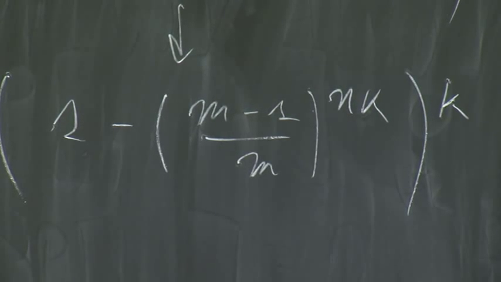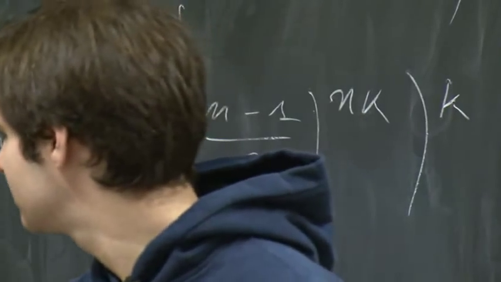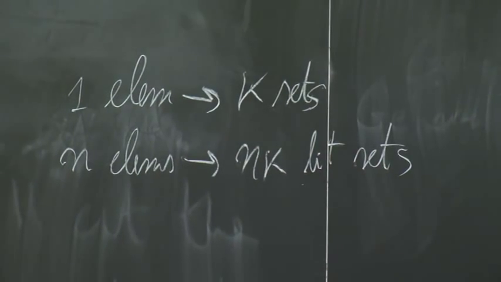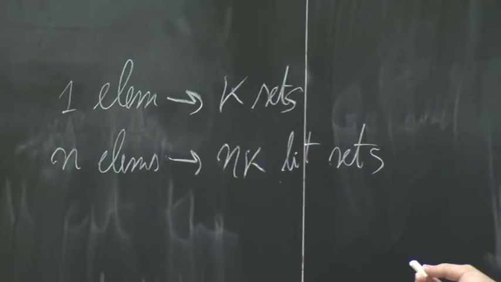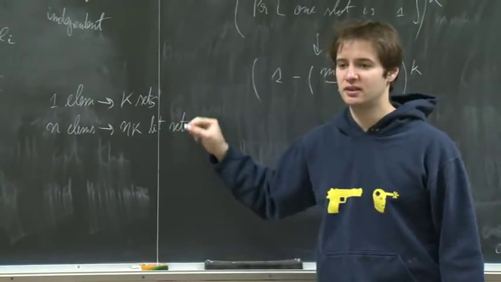So let's say one element is what, k bit sets? So one element sets k bits in the table. Not necessarily different bits, just independent bits. So if you have n elements, altogether they set n times k bits.